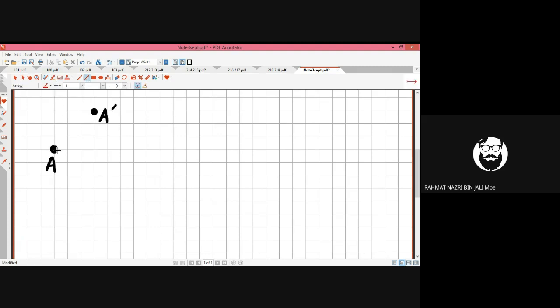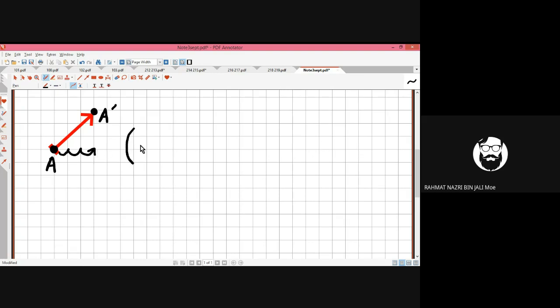Okey, kemudian ini vektor. Macam mana kita lukis vektor? Macam inilah. Jadi apakah pergerakan dia? Saya terus tulis di sini. Saya lukis. Dia bergerak sebanyak 1, 2, 3, 3 ke kanan.